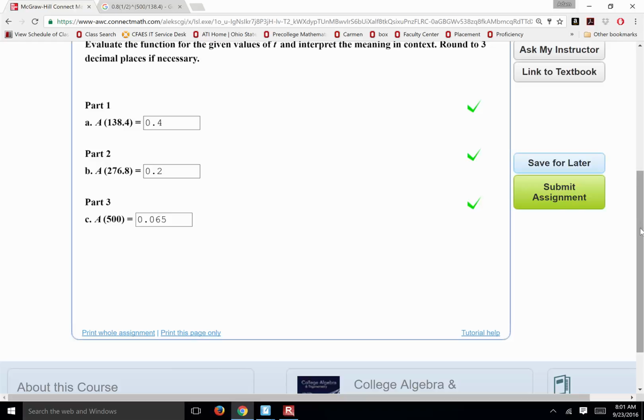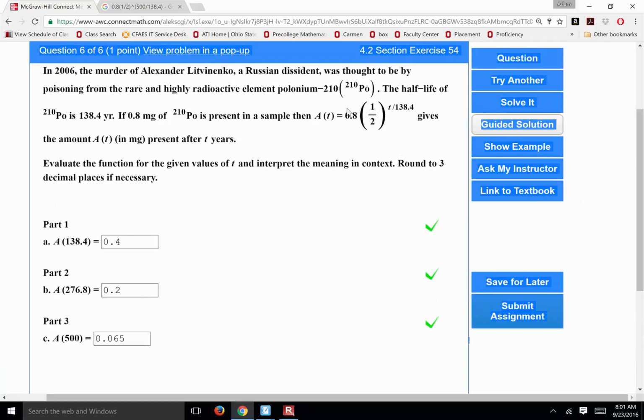Alright, this is a nice application of exponential functions. It's using a brand new formula they have given us, but this is an exponential function. You see 1 over 2 to the power, and the top is changing. The top is t, the time. Actually, have you ever wondered how they find an artifact or dinosaur bone, and they guess, okay, this dinosaur lived 100,000 years ago?